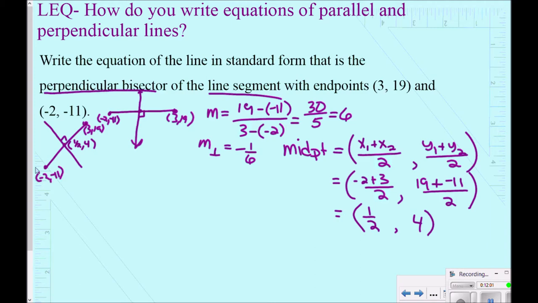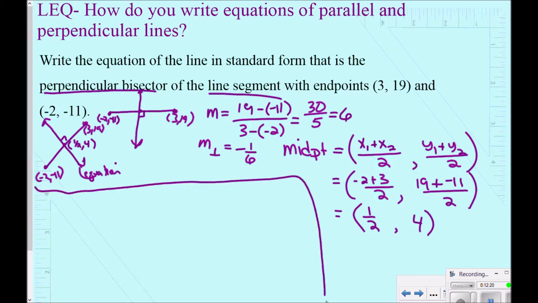So now we have a point, and now we know the slope, so we can come up with the equation for this line right here, which is the perpendicular bisector of that line segment. We could either use point slope or slope intercept to get our equation and then transfer it over to standard form.